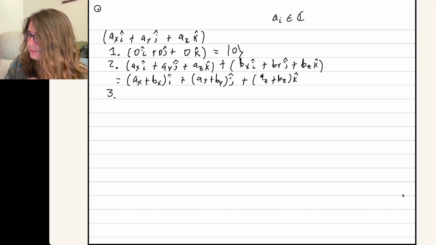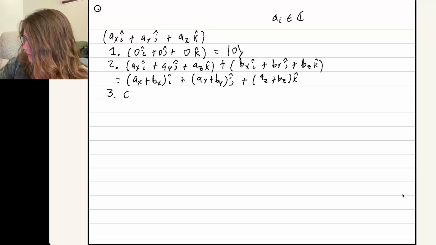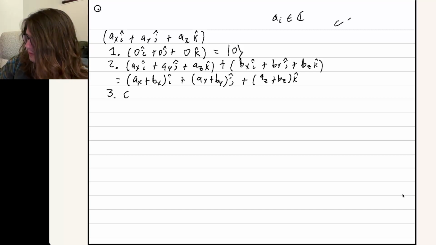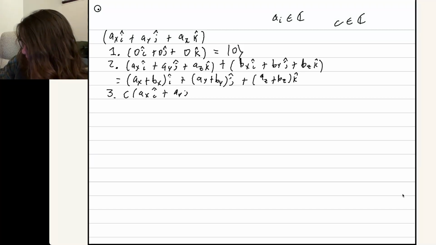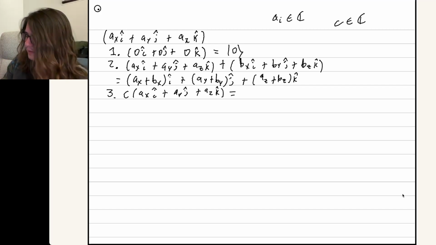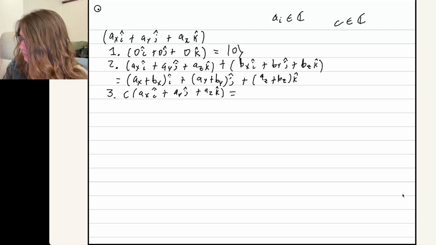The last thing to check is that it is closed under scalar multiplication. So if we multiply some constant c, where c is also a complex number, times the vector, then we still have to have a vector that's still in the group, right?